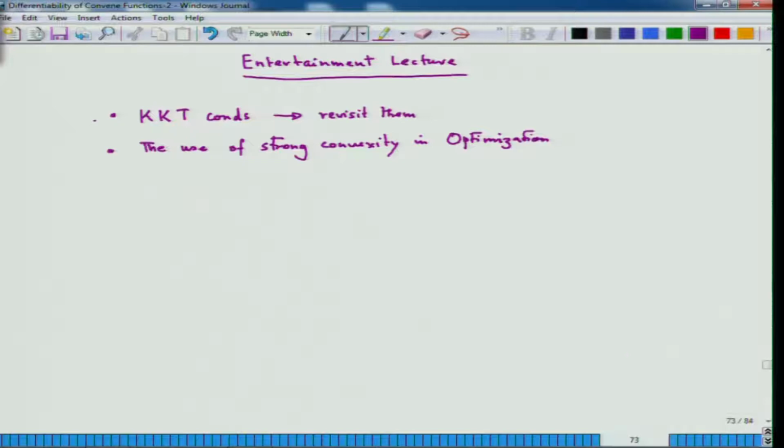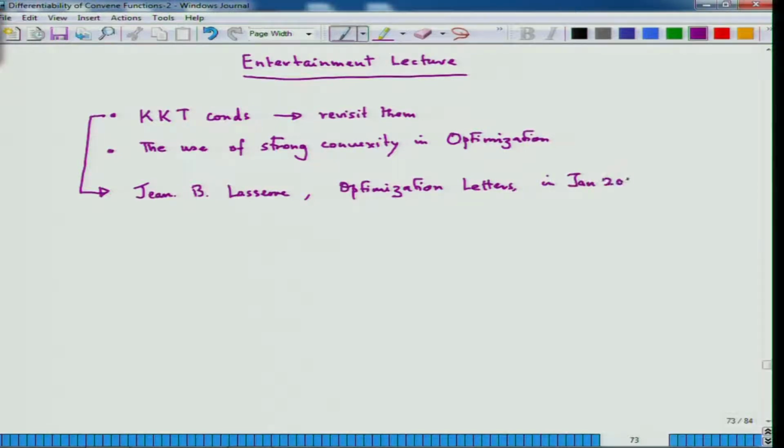Now, this revisiting of KKT conditions we will do first and will take the least time. This was due to a work of John B. Lasserre, which was published in the journal called Optimization Letters in January issue of 2010.